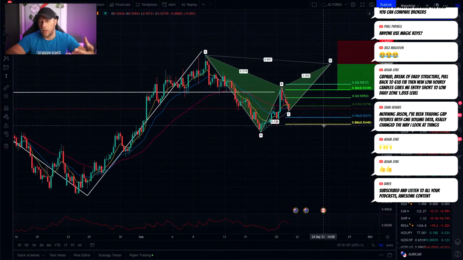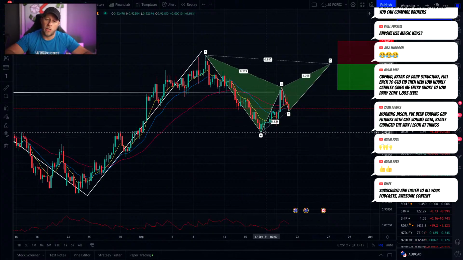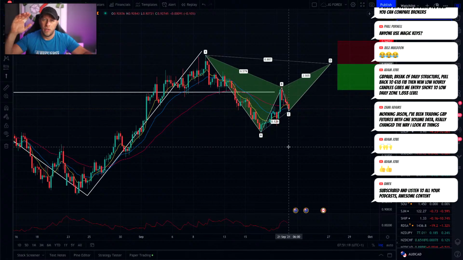Your stop loss is going to go wherever your stop loss rules are. Some of you trade a 10 pip above X, 20 pip above X. Some of you use ATR based stops and all that. Some of you use fib inversion stops, which means you go from A to X and back down using a 1.13. But whatever your stop loss method is, usually it's more than a 1-to-1 with a bat pattern because of the nature of the completion point.